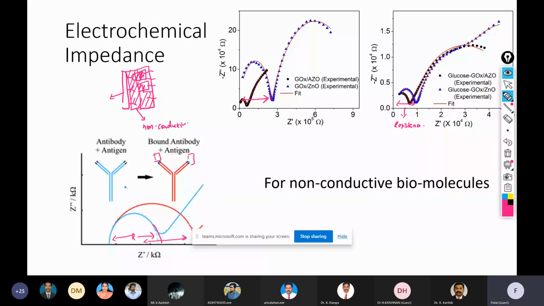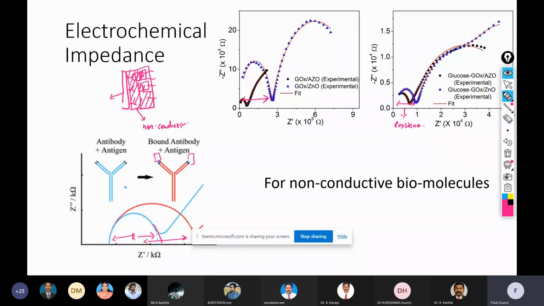This resistance is what we call the charge transfer resistance. It is the resistance offered by the solution or the immobilized layer to transferring the charge onto the underlying transducer layer.